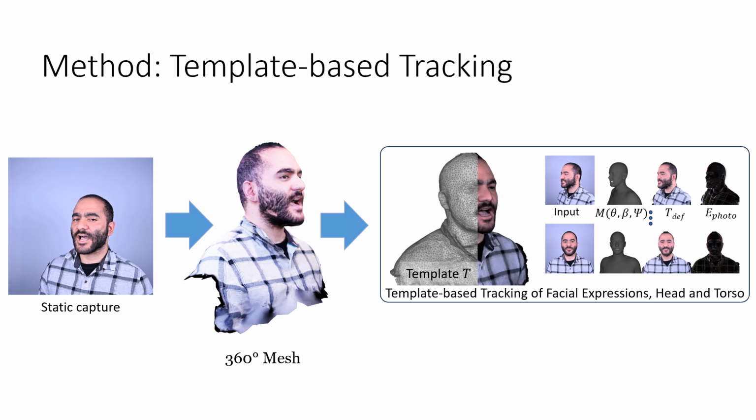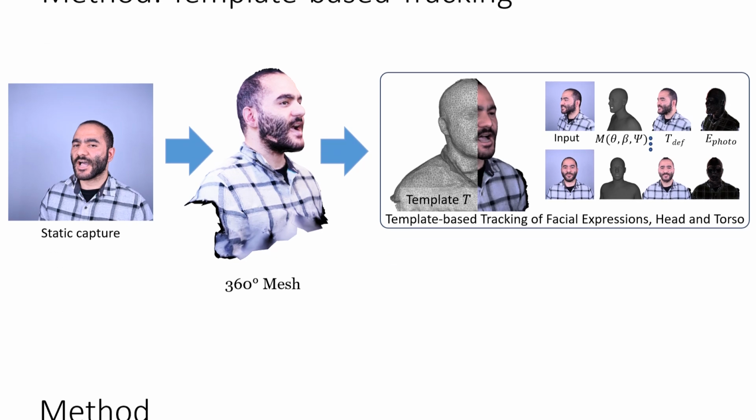The rigged template can now be deformed using SimpleX pose and expression parameters and subsequently used to track the dynamic frames. We optimize for the SimpleX parameters on a per frame basis by using a differentiable rasterizer for minimizing a photometric loss based energy function.